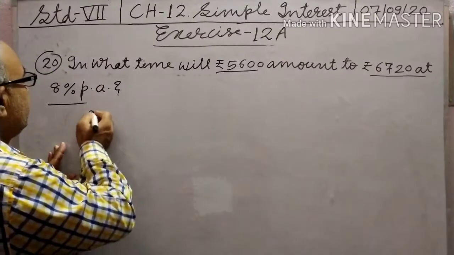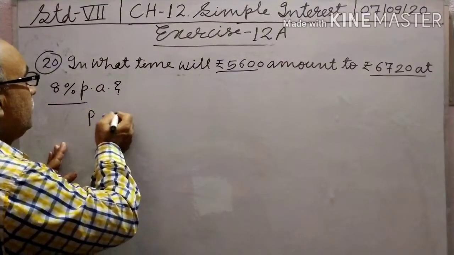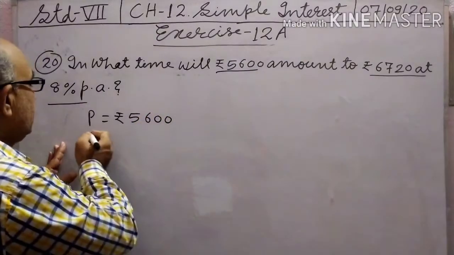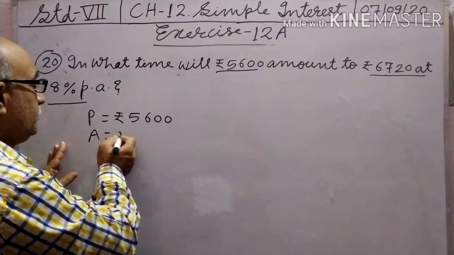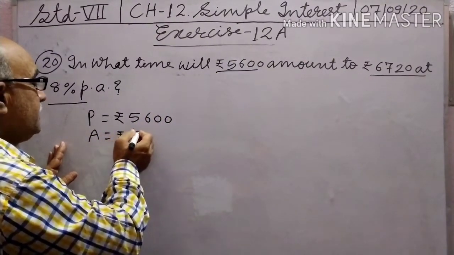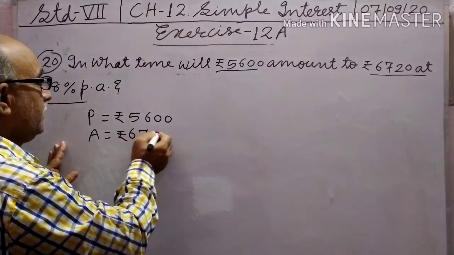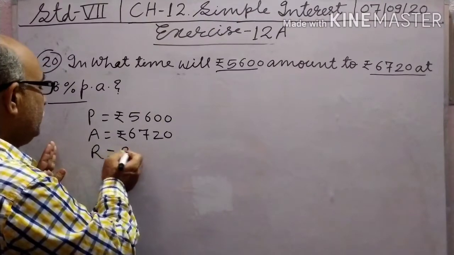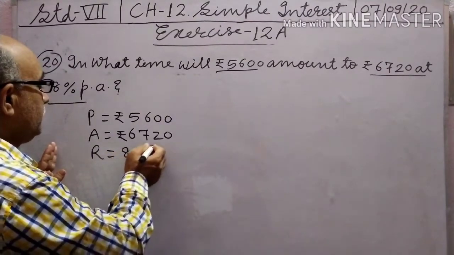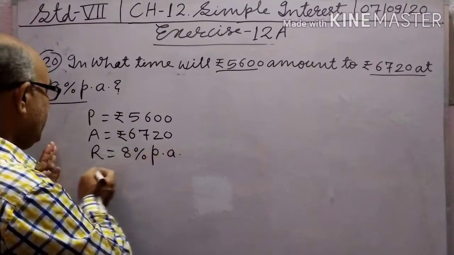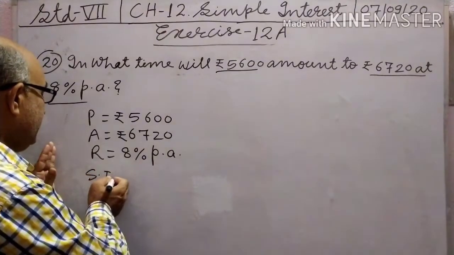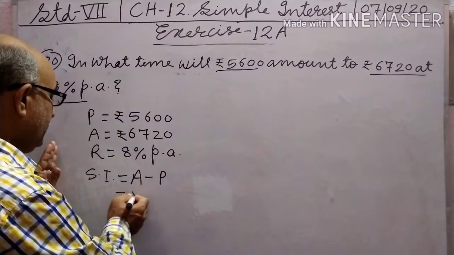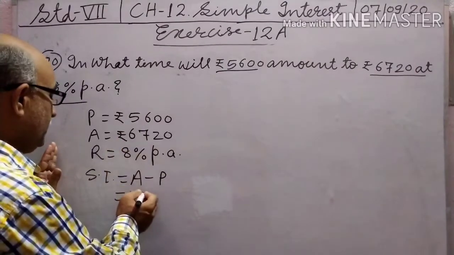So write P equal to rupees 5,600. A equal to rupees 6,720. R equal to 8% per annum. Find SI equal to A minus P.